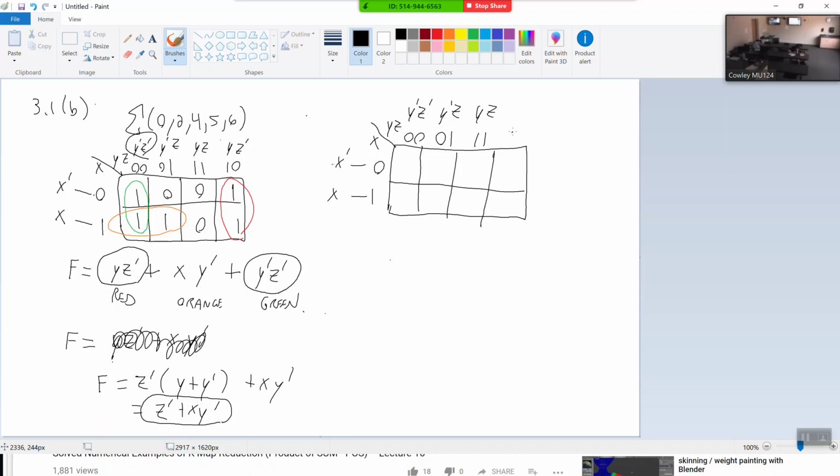YZ. And this will be YZ prime. Now where my focus is going to be is I'm focusing on the zeros. And like you said, this is a complement that we're looking at here. So I'm going to pair these two together. And that'll be like group 1. In blue, I'll pair these two together. That'll be like our group 2.